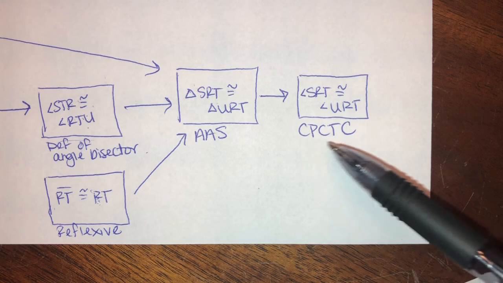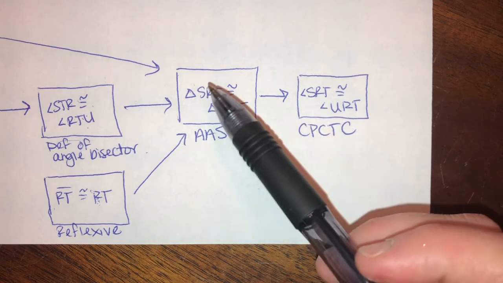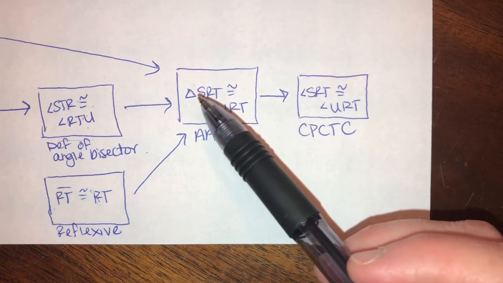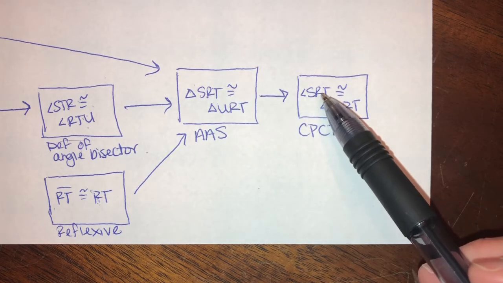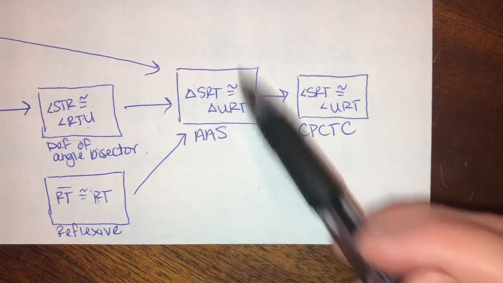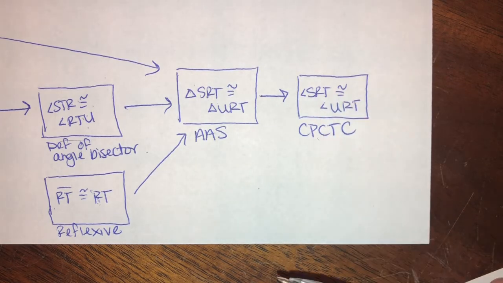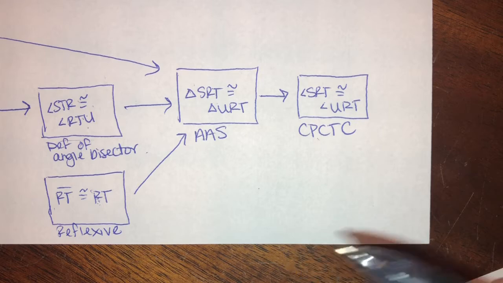Another time that we use CPCTC is whenever we prove triangles are congruent and then say that parts of that triangle are congruent. Anytime we've already proven that the two triangles are congruent, anything that comes after that is always because of CPCTC.